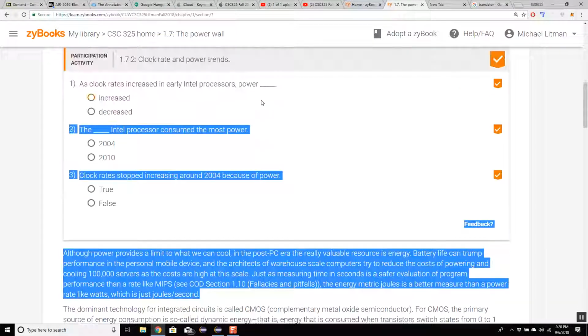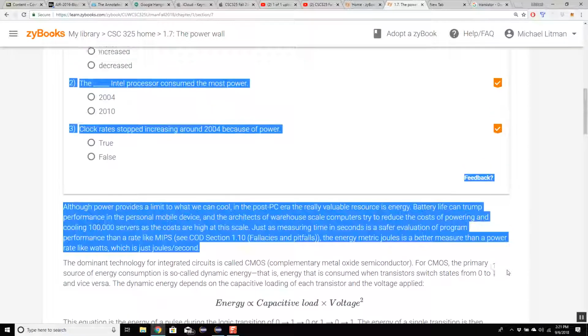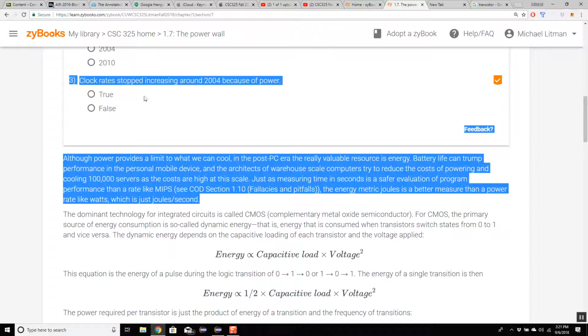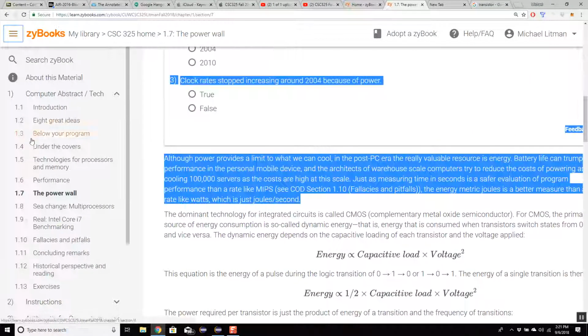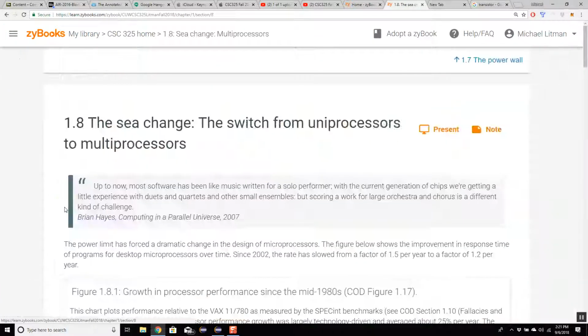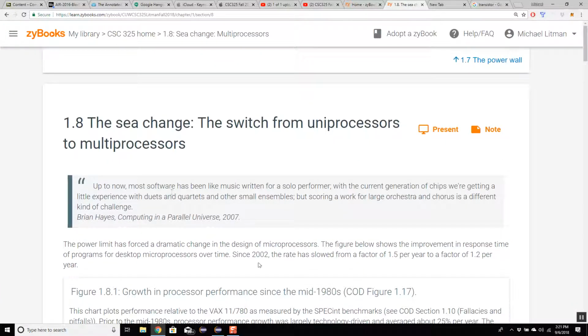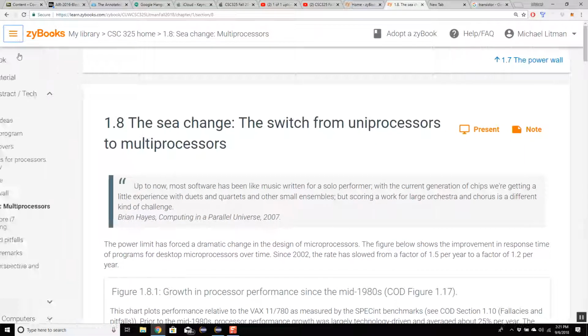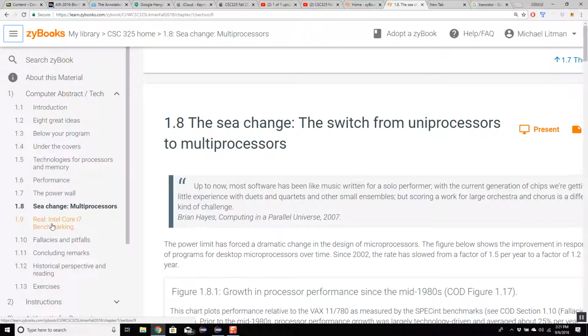This is getting into the whole idea of why we have hit the wall and started switching over to multi-core. We've talked about some multiprocessor stuff, so this is going to be a pretty interesting section. Benchmarking we'll probably look at just for a few minutes.